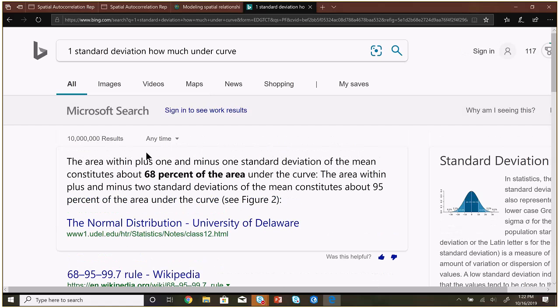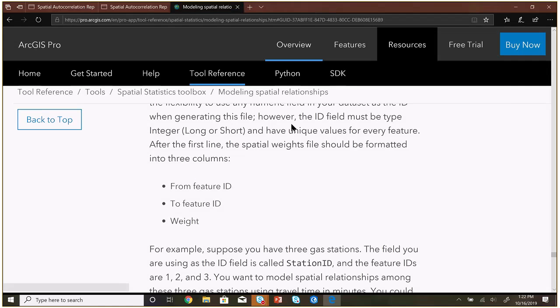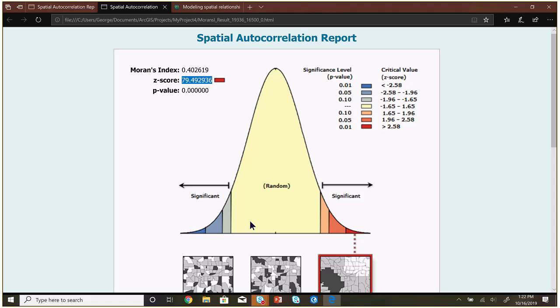I think it's 68%. So in other words, if it was 1 standard deviation away on this side, then this side has 68%, and this side has 32% of the curve underneath it.